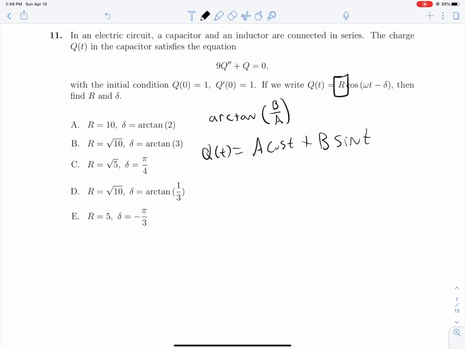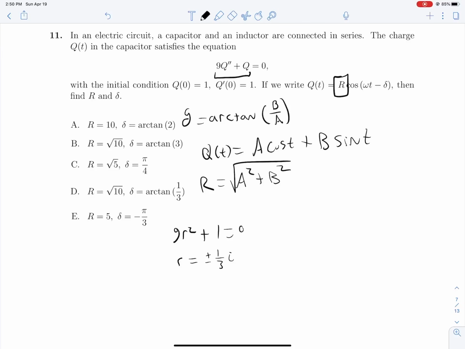So that's arctan of B over A. This is our delta, and our R, the amplitude, is the square root of A squared plus B squared. So the magnitude of A and B. So finding these, all we have to do is solve our characteristic equation. 9r squared plus 1 is equal to 0. So r is equal to plus or minus 1/3 i.